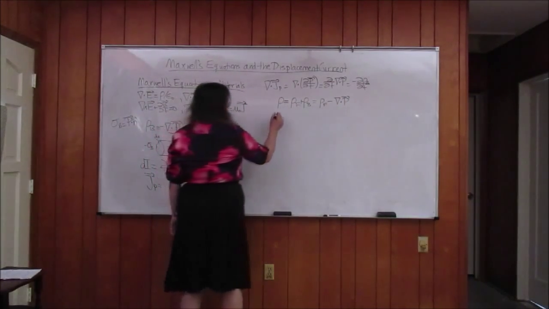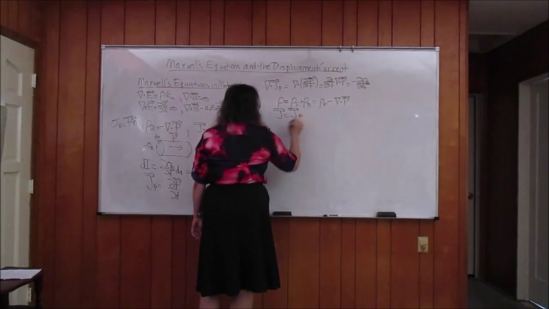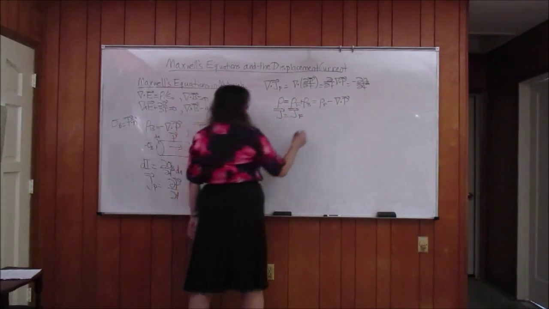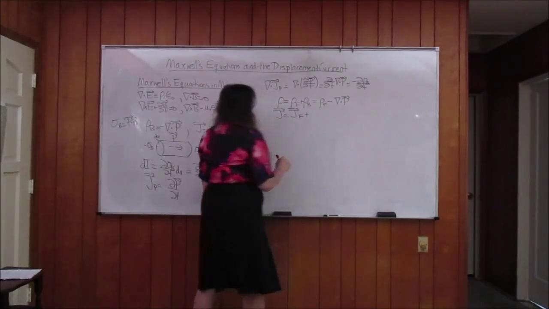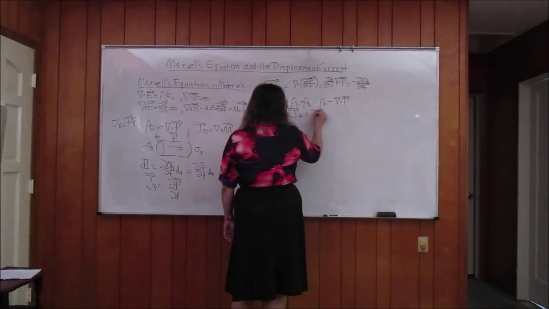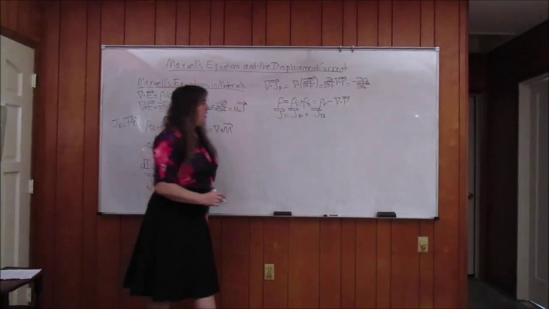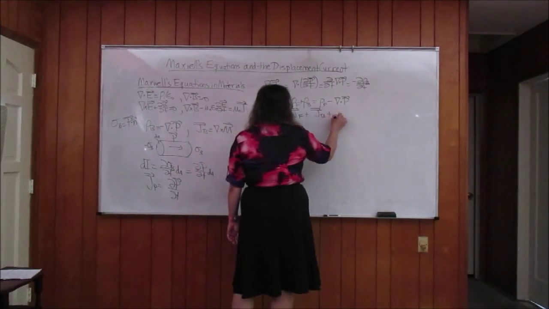Now for the current density, we have the free current, normal conduction current, and then we also have the bound current, that's due to the magnetization, and then we have the polarization current as well.